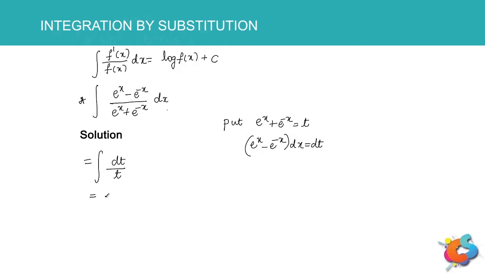And the integration of 1 by t is log t followed by the constant c. Now we will replace t as e power x plus e power minus x. We write plus c as it is. So the integration of e power x minus e power minus x by e power x plus e power minus x is log of e power x plus e power minus x. If we use the given formula, we can write directly the same, log of e power x plus e power minus x plus c.